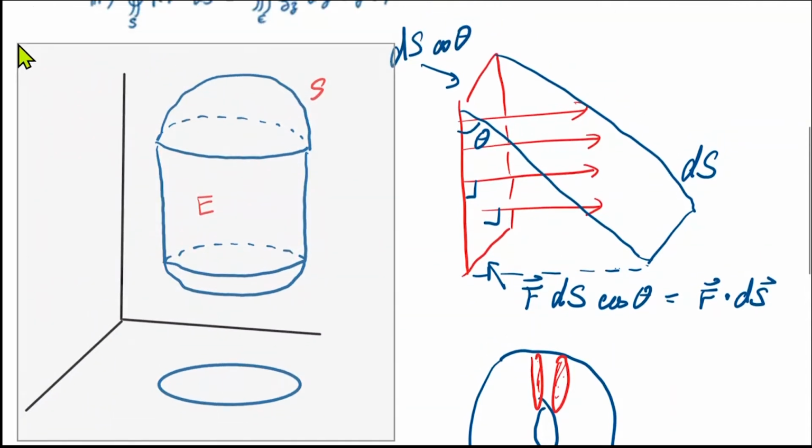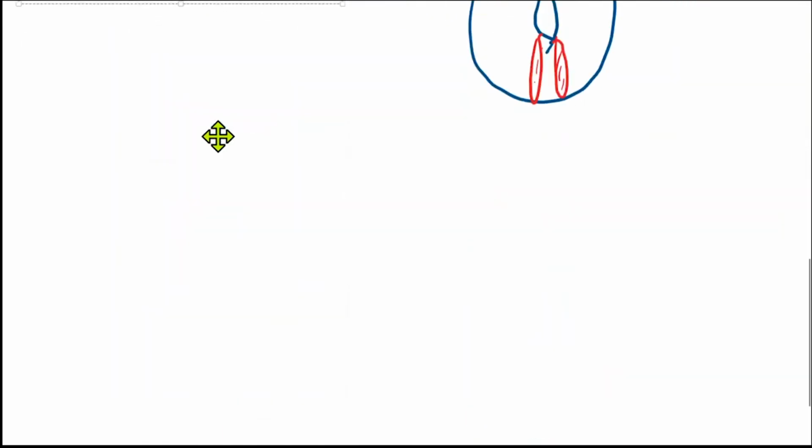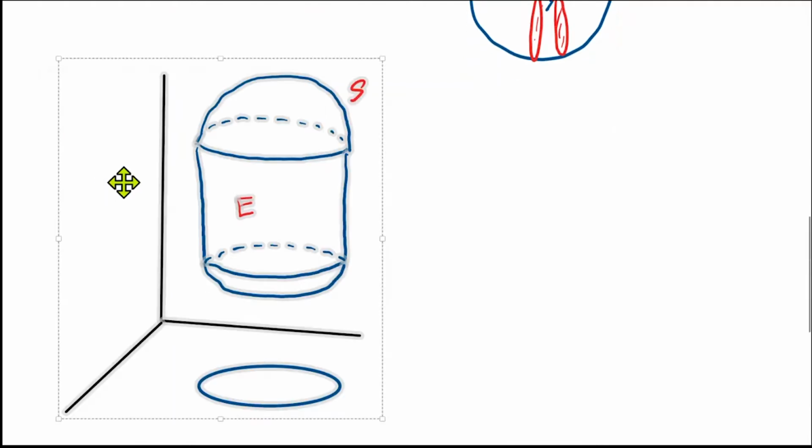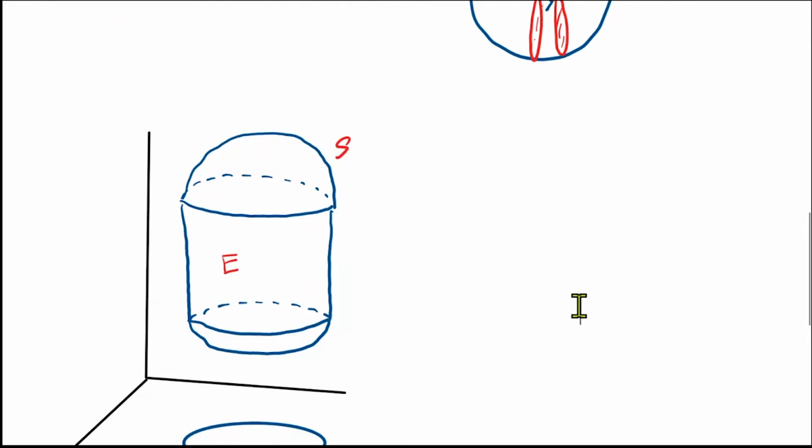I'm going to copy this so I can recycle it down here. Okay, so here we go. This is the proof of case 3, and the other two are very similar, so this will convince you.